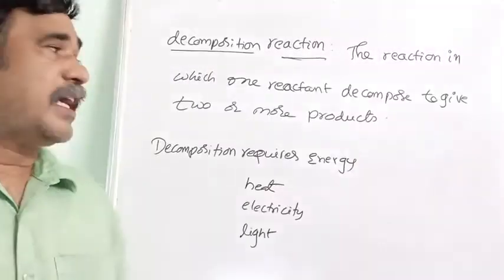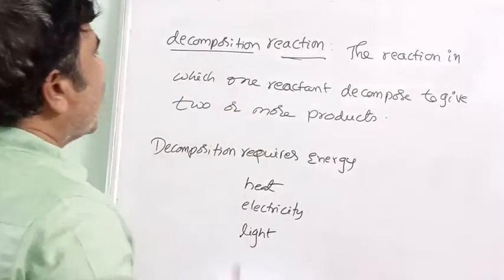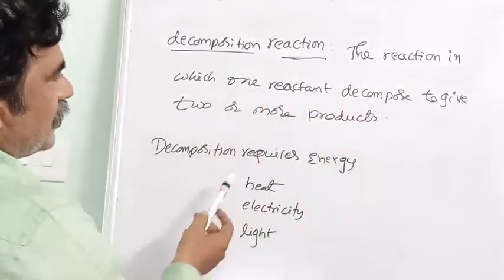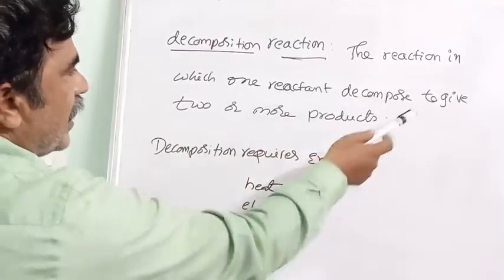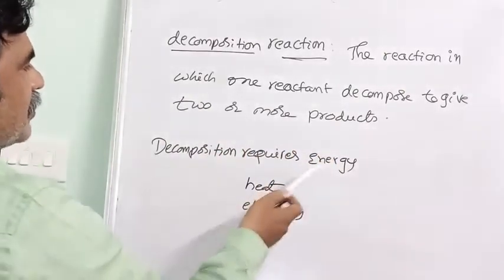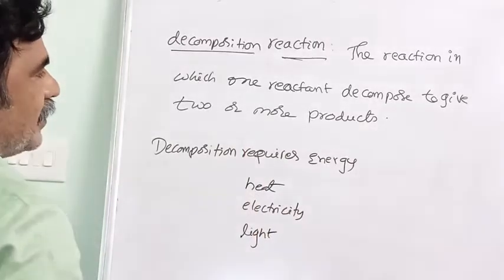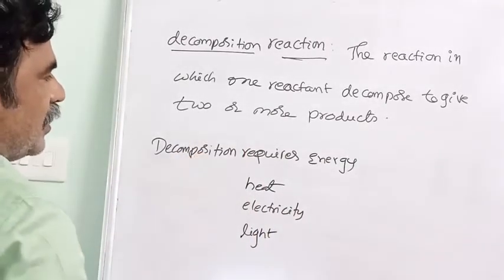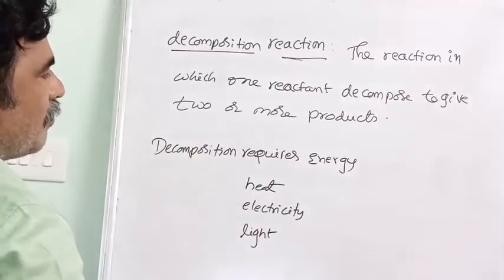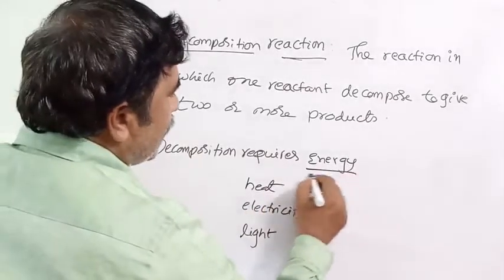Okay. Second type of reaction is decomposition reaction. It is the reaction in which one reactant decomposes to give two or more products. Decomposition requires energy. That means in decomposition, the left side is 1, the right side products are 2 or more, and it always requires energy.